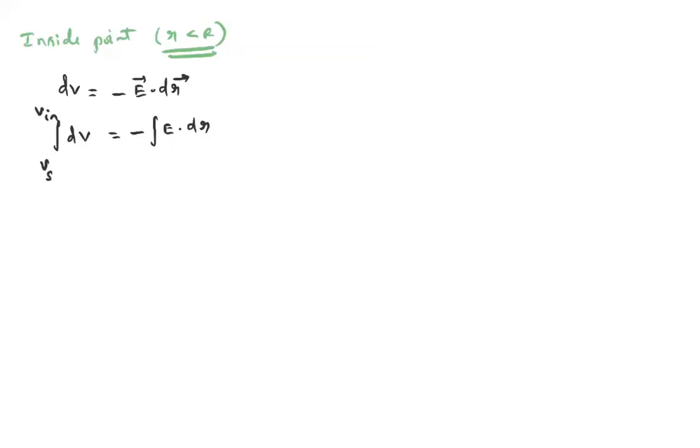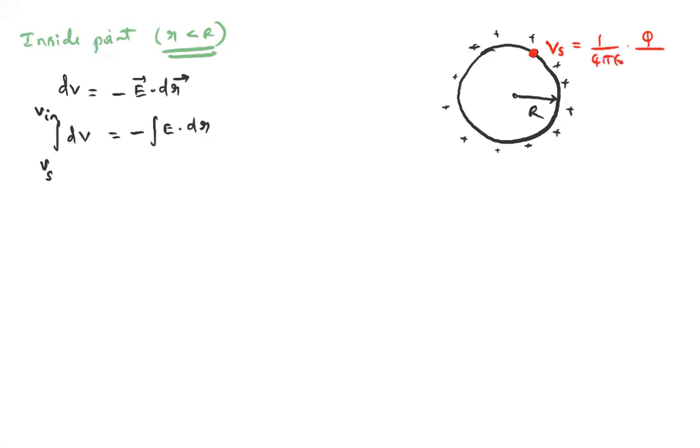That means if I consider a sphere whose radius is R and charge is uniformly distributed over its surface, so that the potential on the surface is Vs, which we already found as 1 by 4 pi epsilon naught Q by capital R, and we would like to find it at a point inside, Vin, which is at a distance of r.